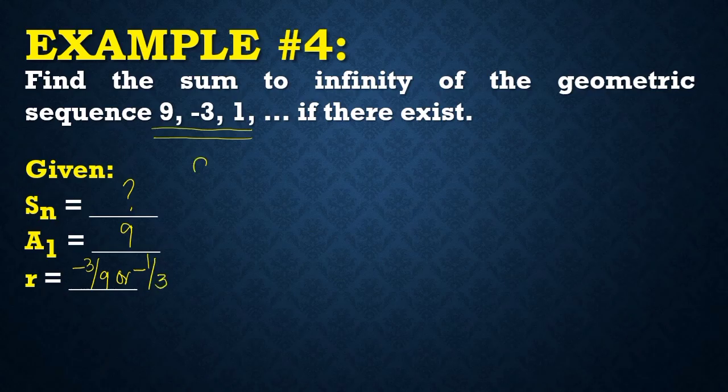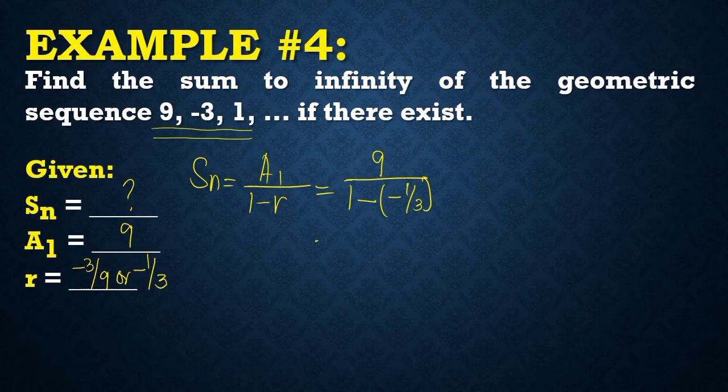And then, we apply the formula. So, a sub 1, that is 9, all over 1 minus, the common ratio is -1/3. Next, 9 over 1 plus 1/3. So, and then, the LCD is 3.